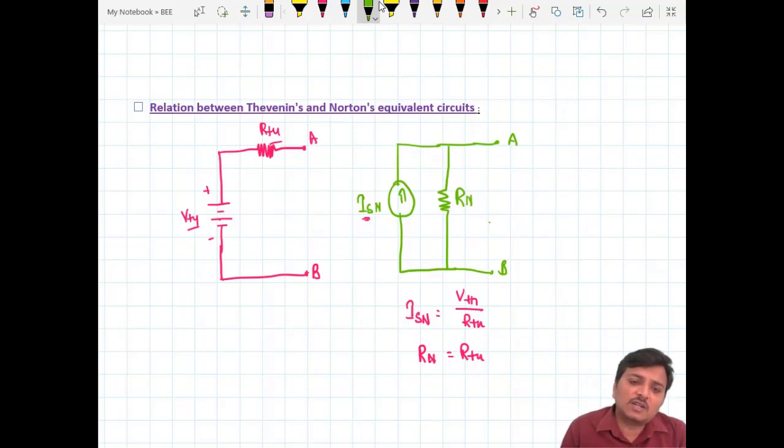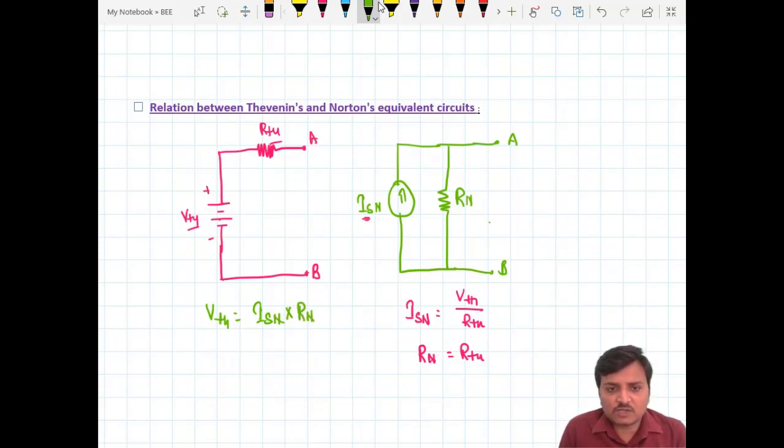So this is the relation if Thevenin's quantities are given, and you can find the Norton's equivalent quantities. If your Norton's equivalent quantities are given, then you can find the Thevenin's VTH, which is equal to ISN into RN. That is, V is equal to your short circuit current times your resistance, and your RTH value is equal to RN.